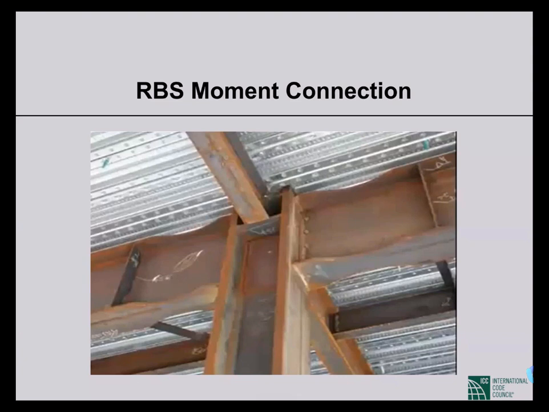So that's why we want a protective zone on two sides of the column in the beam, so that the hinge is not formed very close to the column. We want a protective distance where the hinges can form. So that's why we intentionally reduce the flange width in those locations. So this is called RBS moment connection.